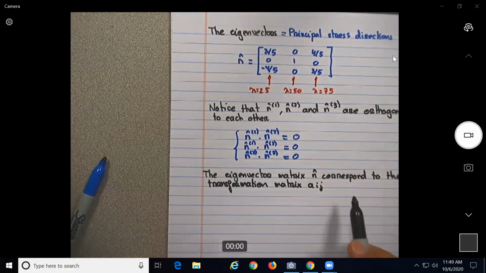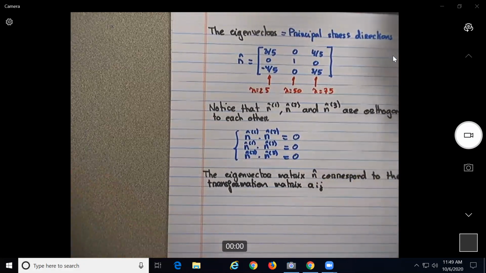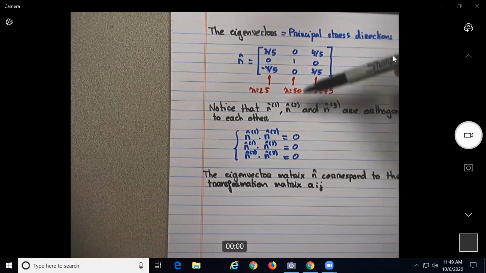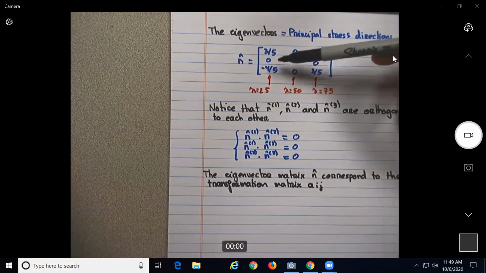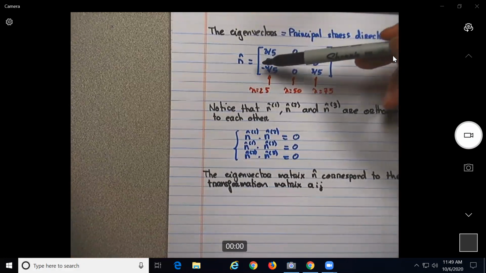Remember, what was the transformation matrix? If you want to rotate one coordinate axis with respect to the other one, you're going to have a transformation matrix. So over here, what does that mean? It means that if you multiply your stresses with this matrix here, you're going to get the stresses in the principal directions, X, Y, and Z.